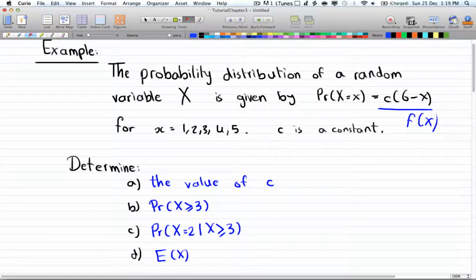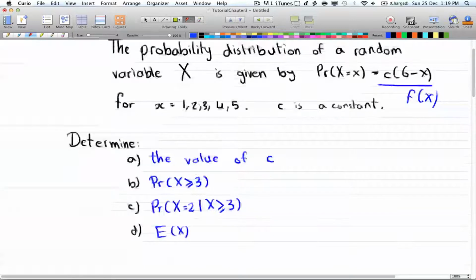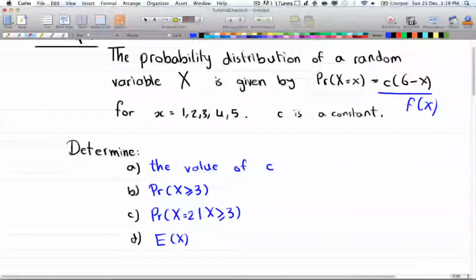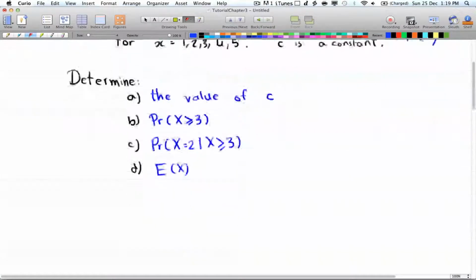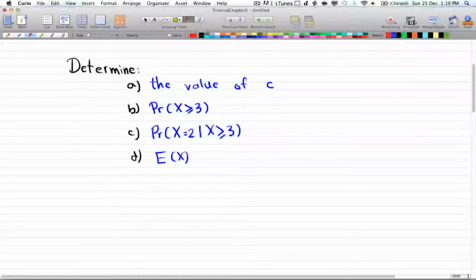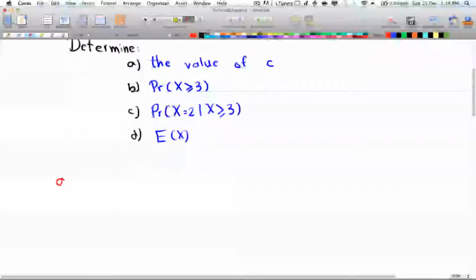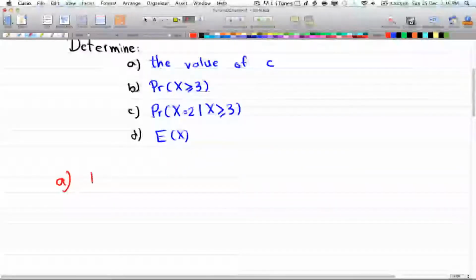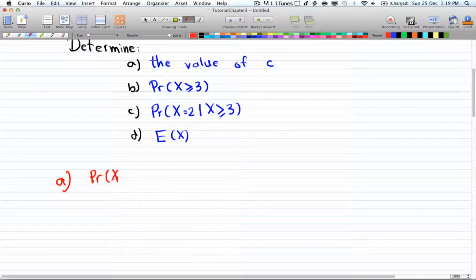Now remember that any probability distribution must sum up to 1. So if you add all of these up, they should sum up to 1.